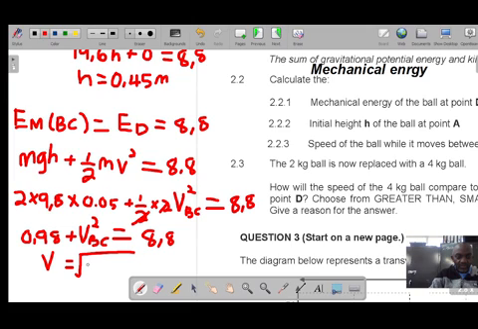What do we get here? The square root of that answer gives us 2.8 meters per second.